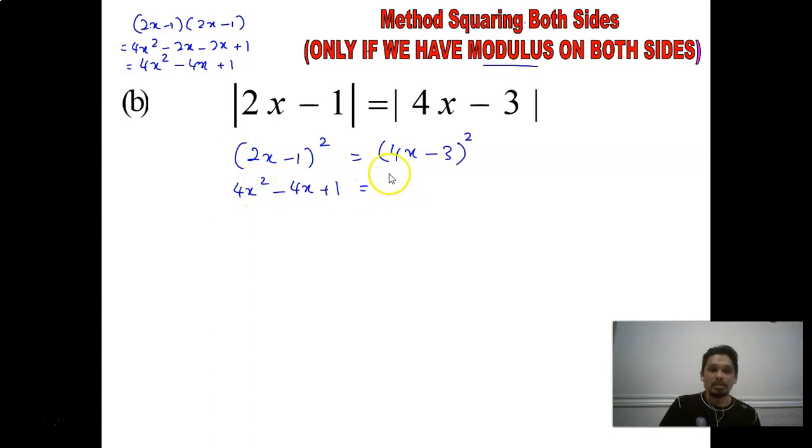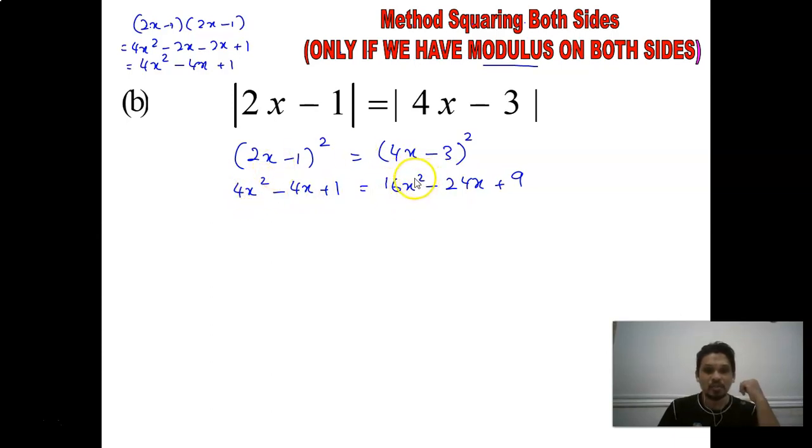The same goes for this one here. 4x times 4x, 16x squared. 4x times negative 3, minus 12x, another negative 12x, negative 24x. Negative 3 times negative 3, positive 9. Now imagine we bring all this to the other side: 4x squared brought to the other side becomes negative.